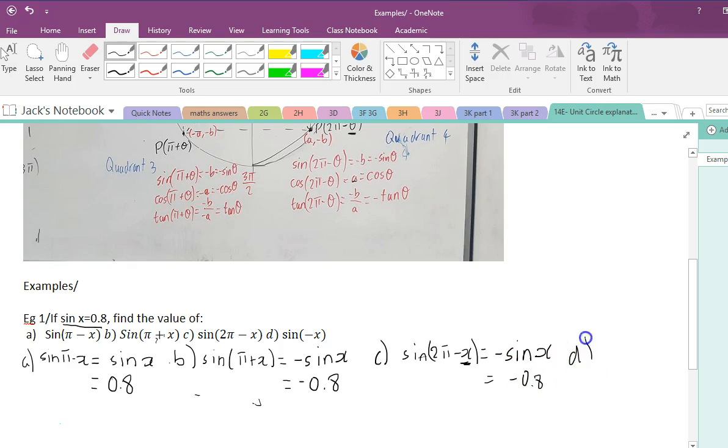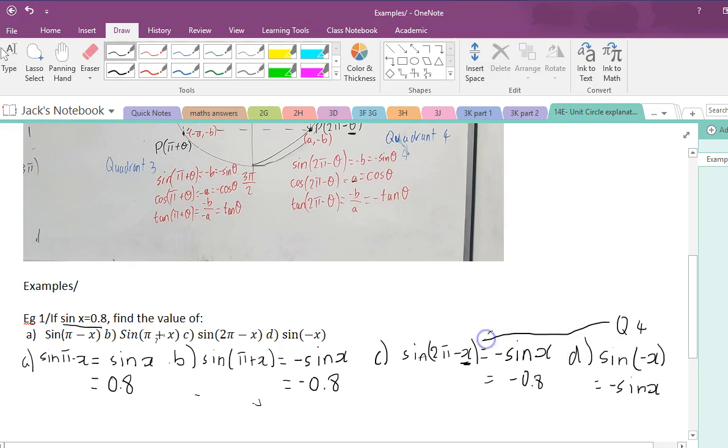And finally D, sine of negative x. Okay, so negative x is, remember, all that is doing is going in the opposite direction, the same amount. So that's going into quadrant 4. Okay, so that's just negative sine x. Okay, so it's exactly the same as this question here.